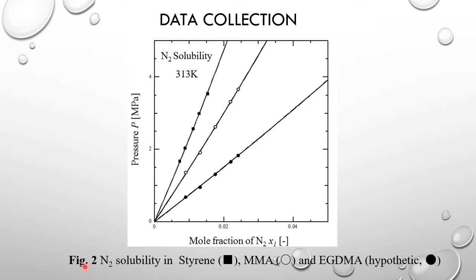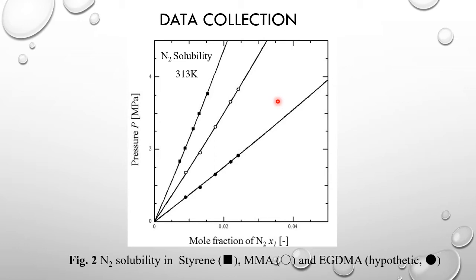Figure 2 shows the solubility of nitrogen in styrene, MMA, and EGDMA at 313 Kelvin. The closed rectangles indicate the nitrogen solubility in styrene, and the open circles indicate the nitrogen solubility in MMA.